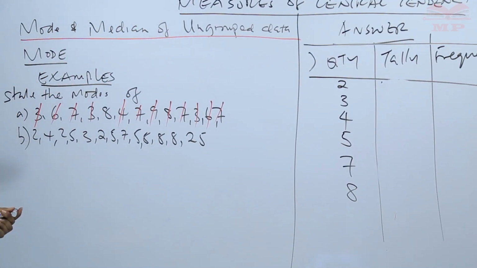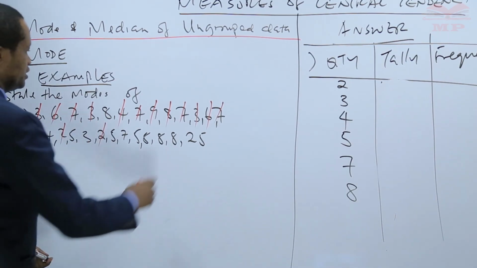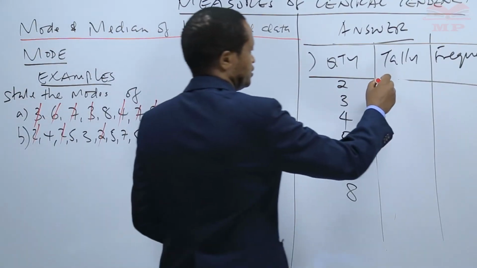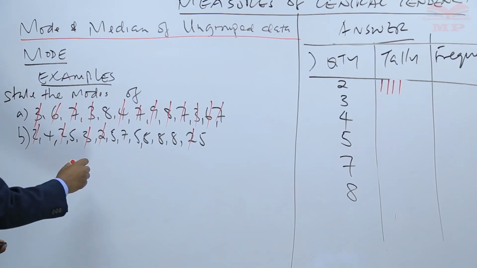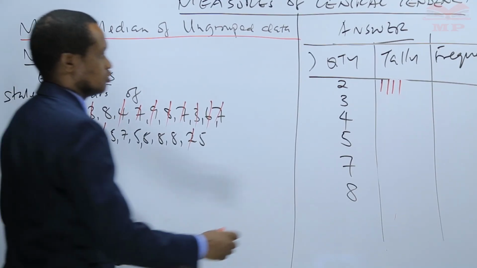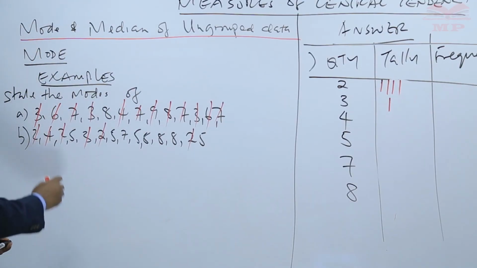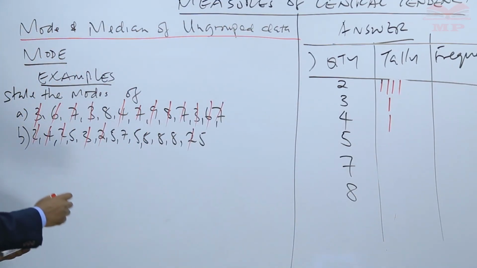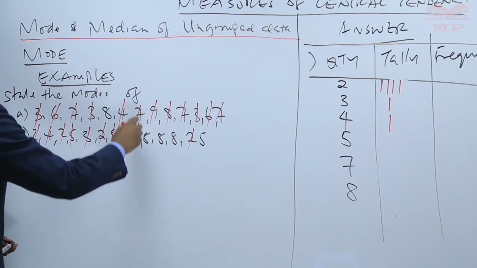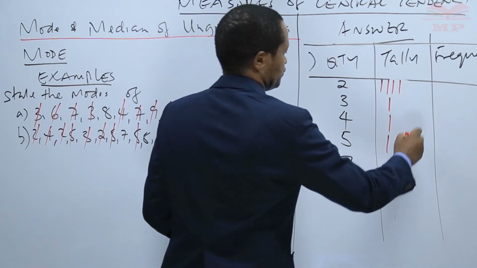So let's tally. 2 appears how many times here? 1, 2, 3, 4. So 2 we have 4 strokes. Then 3 appears only once. 4 appears once. 5, we have 1, 2, 3, 4.